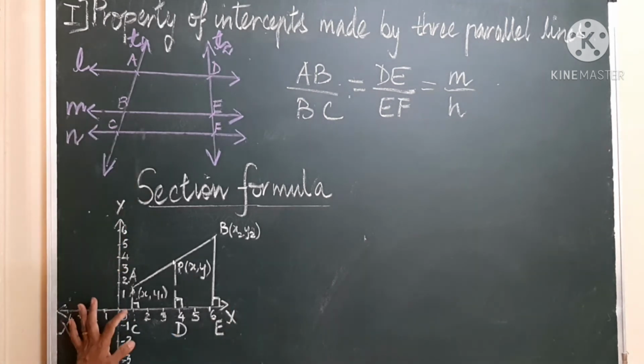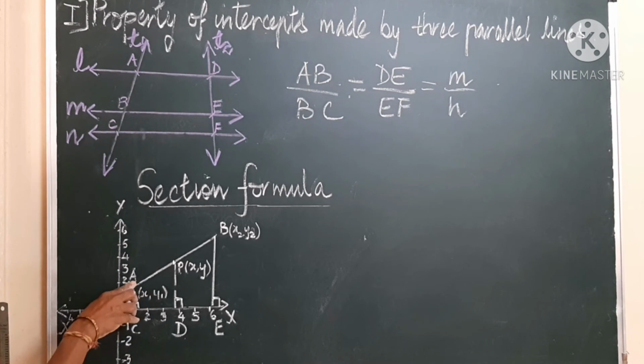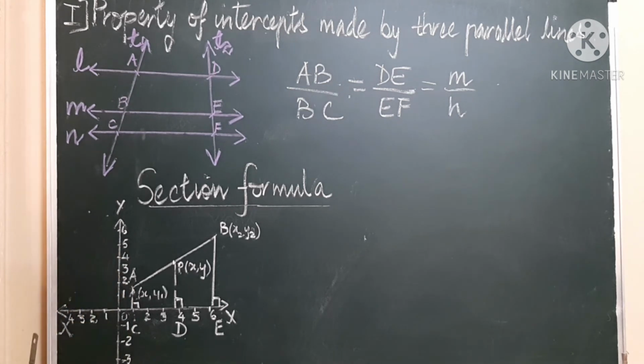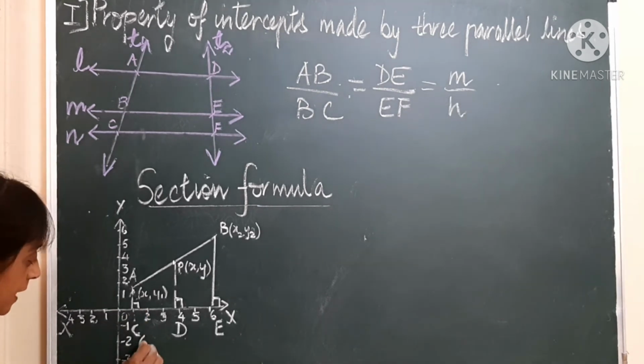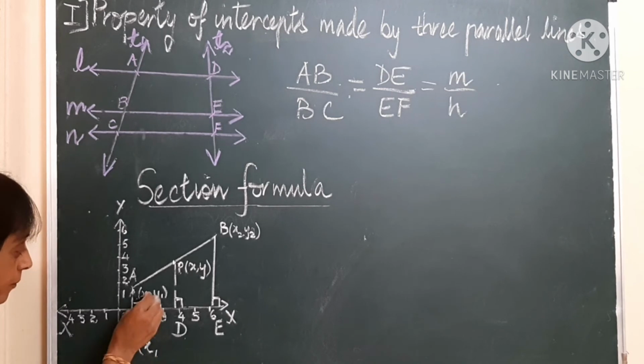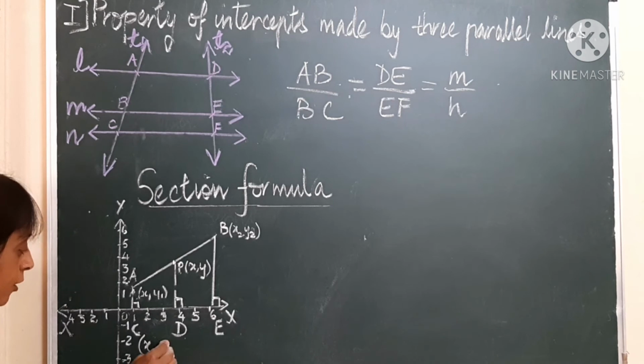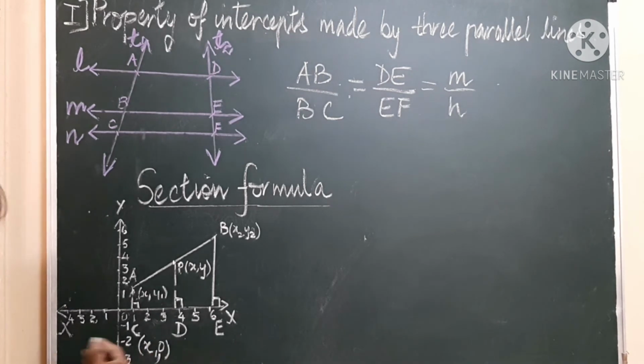Now children, how do we calculate? Let's find out the coordinates of C, D and E. If we compare C with A, both are, when you join, parallel to your y-axis. So, what will be the coordinates of point C? The x-coordinate remains the same, that is x1. And as the point is lying on the x-axis, the y-coordinate is 0.